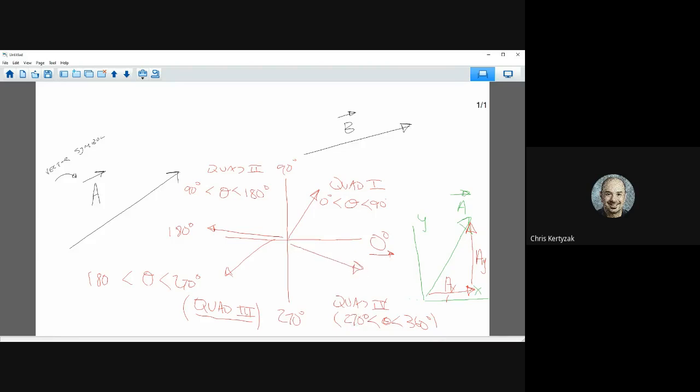Now I want to point out that if you are drawing components, that can sometimes be confusing for students. So let's just say I wanted to draw the components of my quadrant 1 vector. Start at the tail. Again, this is called the head of a vector. And then the back end is called the tail of the vector. So if you're trying to draw in the components of a vector, start at the tail.